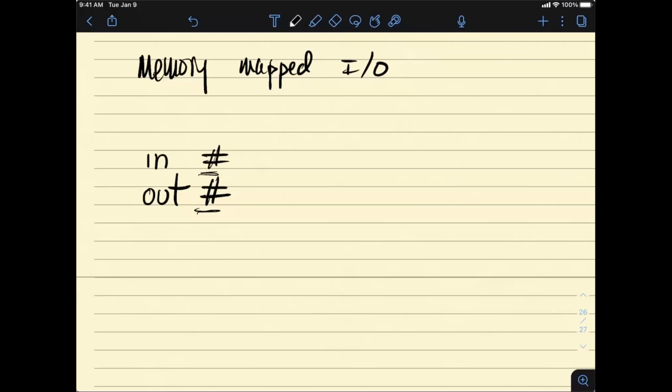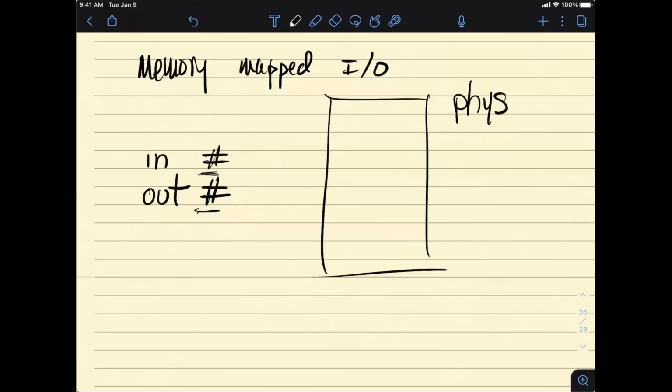So in the physical address space, there are some regions which are reserved for various purposes, including this area, which I'm probably not drawing in the right place. I have no idea where that region is. Maybe it's high memory, maybe it's low memory. It's just not on my radar.